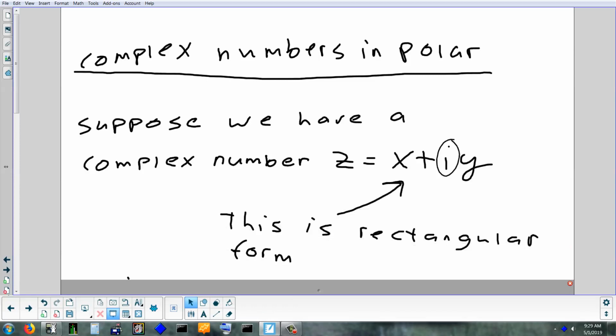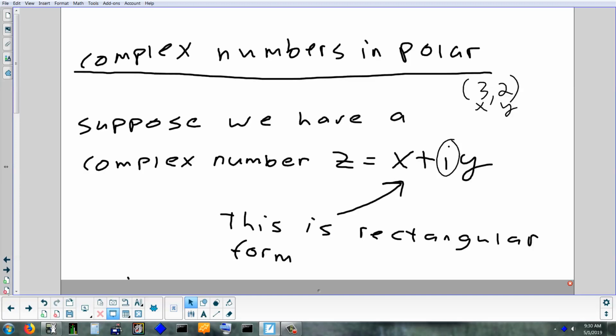Okay. That's called rectangular form. So that's when we write a number with a real part and an imaginary part, and that's rectangular form, just like we studied earlier in the week. Now, in polar, you don't have an x and a y.